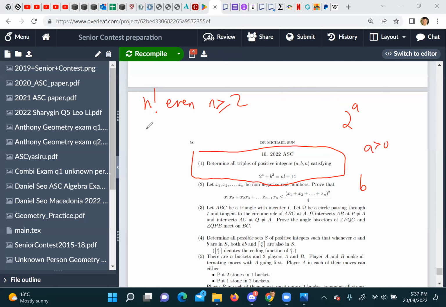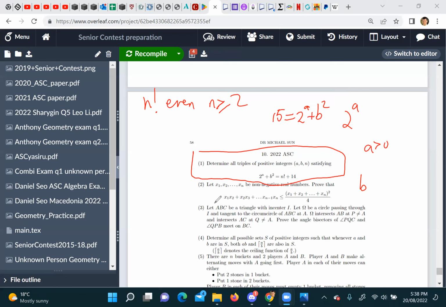So what if n was 1? If n was 1, then 15 is supposed to equal a power of 2 plus a square. How do we solve that? Because 2 to the A is going to be even, the square has to be odd.